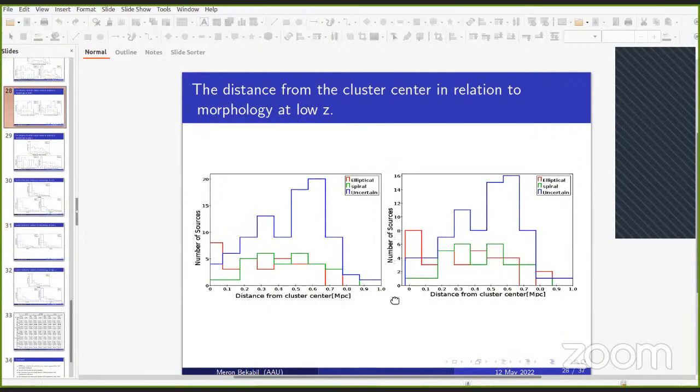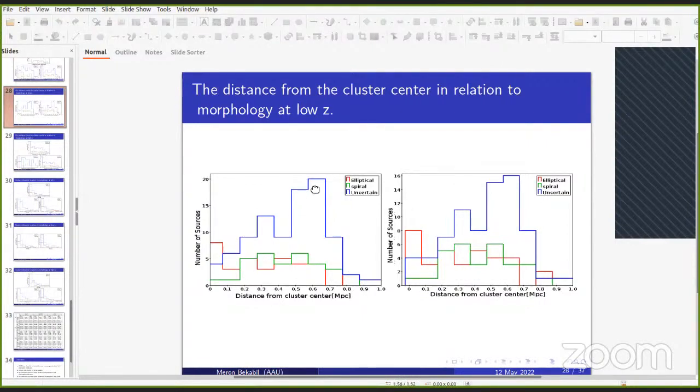Now we try to see the distance from the cluster centers and the number of sources. This shows us, depending on the type, elliptical, spiral, and uncertain. This is at low redshift. What we see is the elliptical tend to be closer to the center, and the spiral is also close to the center, but the elliptical more so.